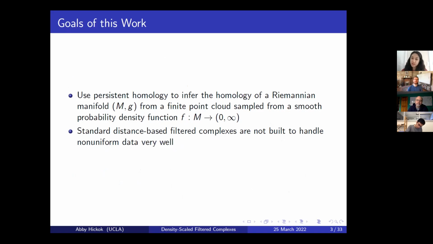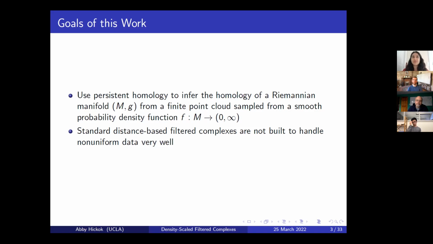For example, in the Čech complex, at a given filtration level we would put a ball of the same radius at every point, regardless of the density of points in different regions of the manifold. Whereas really we should probably put a ball of smaller radius at higher density regions. And that is more or less the idea of these density scale complexes.